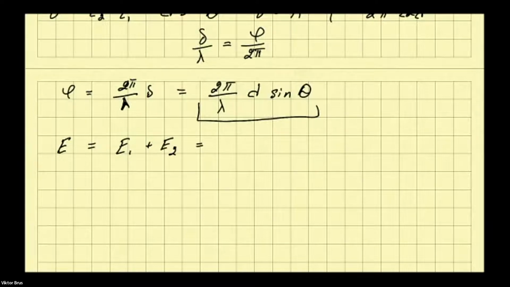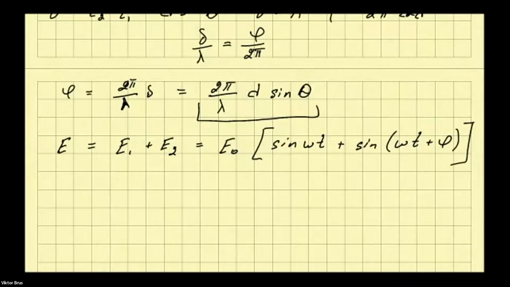And that will be E naught times sinus omega t plus sinus omega t plus phi. So that is our resultant electric field, which will be created by interference of two waves with electric fields E1 and E2.